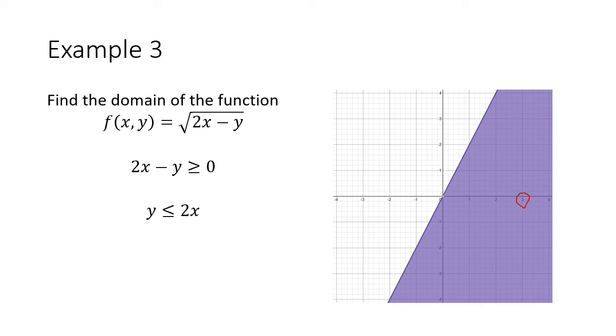Sure, plug it into this function. We can absolutely get an answer. Whereas the ordered pair negative 1, 2 is not in my domain. And again, we could check that very easily by just plugging it in and seeing, well, no, we're not going to get a real value. And so now I understand where this function is actually going to exist in my xy plane, which is where it's going to actually exist in 3 space as well, directly above my xy plane.